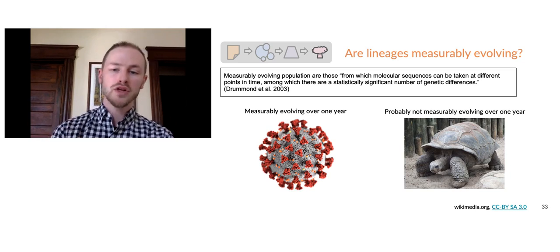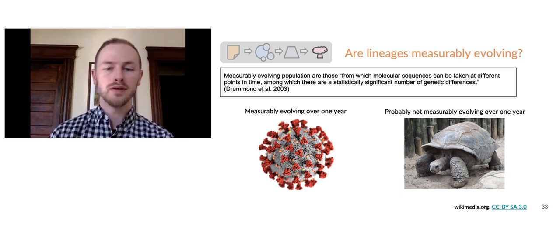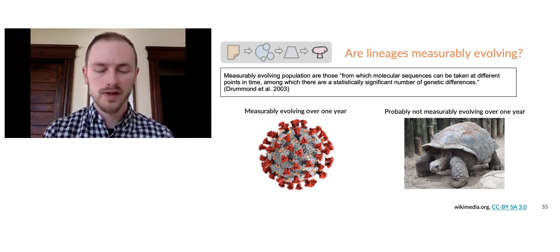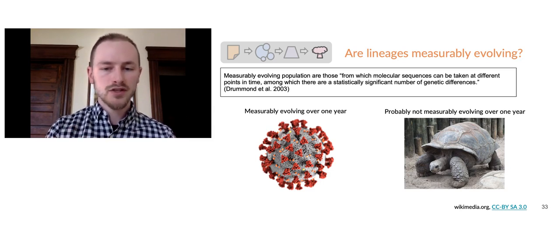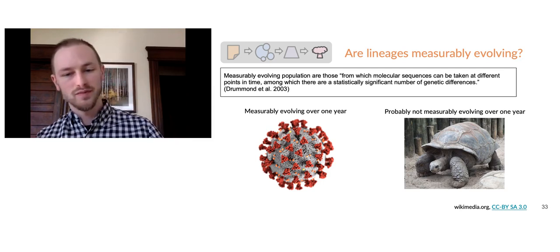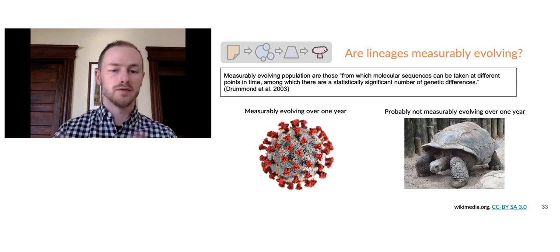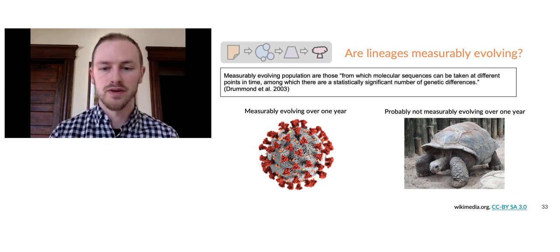One example of a measurably evolving population would be the coronavirus. So if you were to sample the worldwide population of the coronavirus last year and compare it to sequences from this year, you would find loads of new genetic differences in the form of the variants that now have everyone quite concerned.